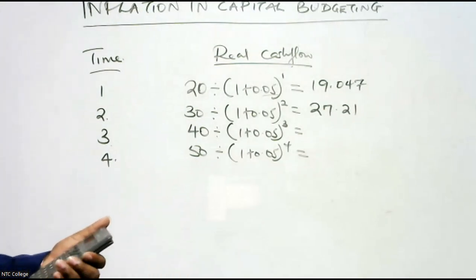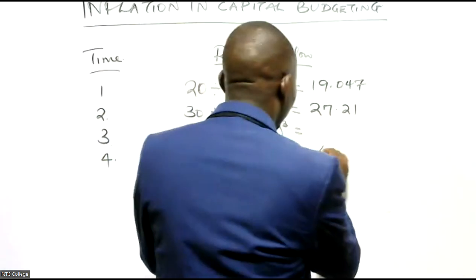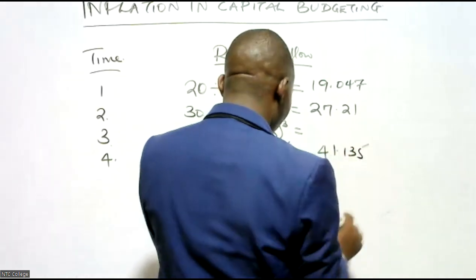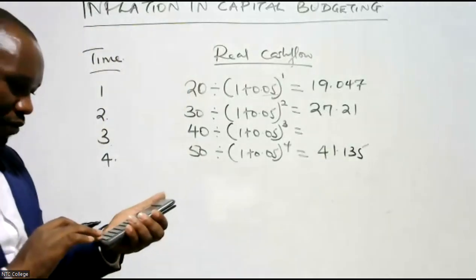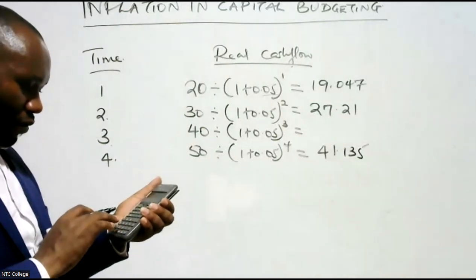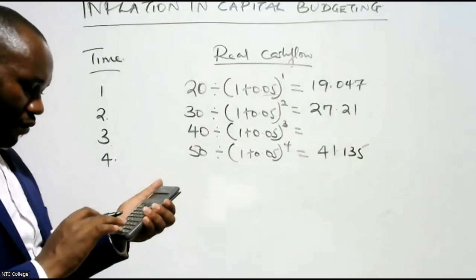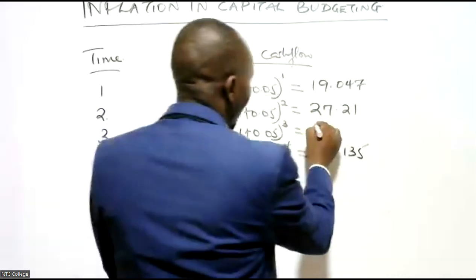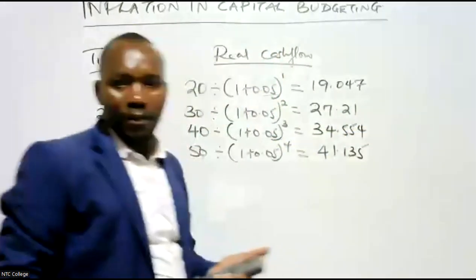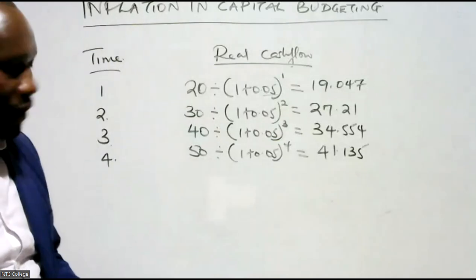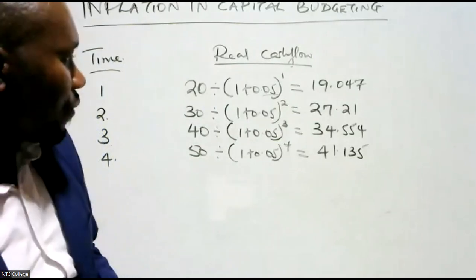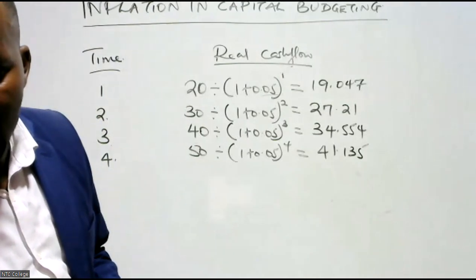I'm getting a different figure. Here it is 41.3. 35. Okay. What had Winnie gotten? 41. Okay, 41 is correct. The other one 34. Okay, Lea is correct.